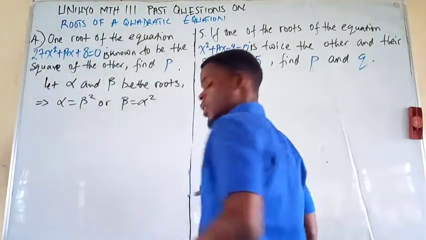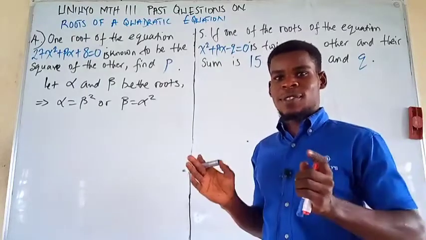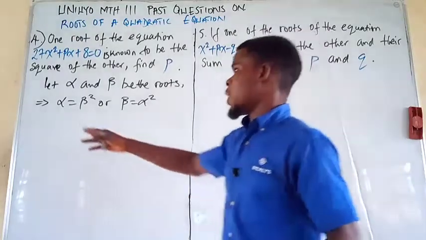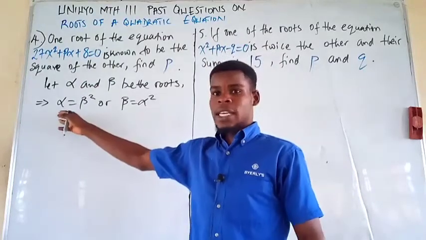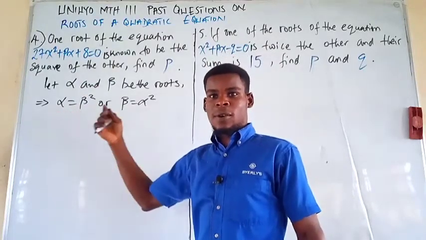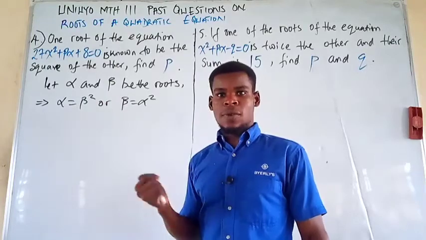So one root is gotten by squaring the other root, alright? So if we have alpha and beta to be the roots, it means that either alpha can be written as the square of beta or beta can be written as the square of alpha.